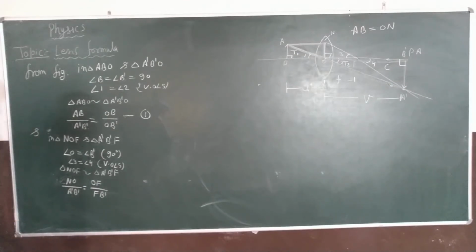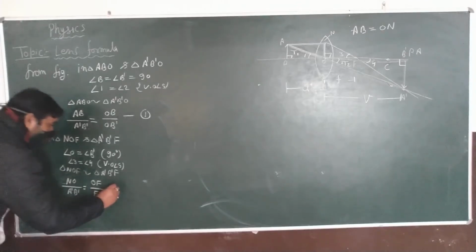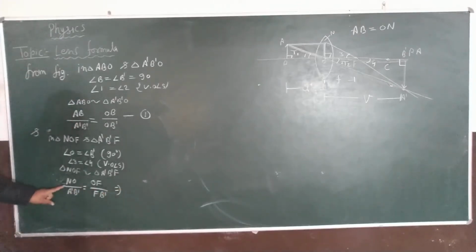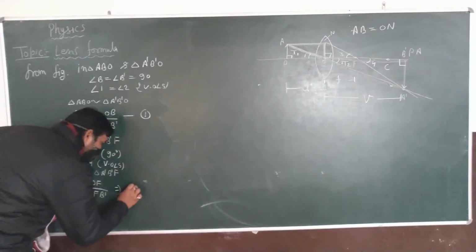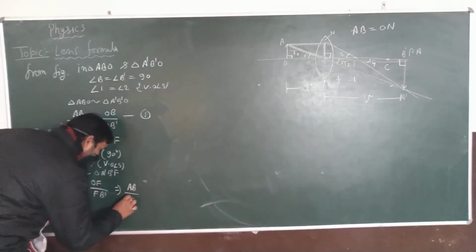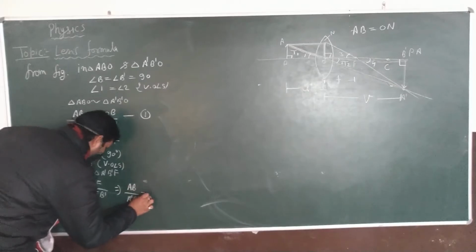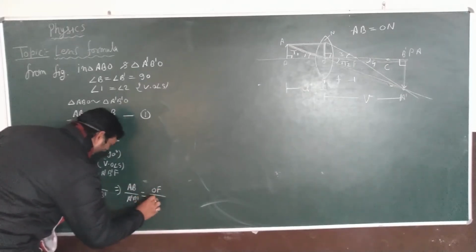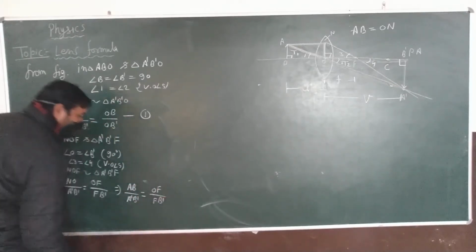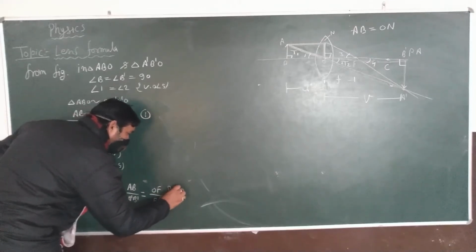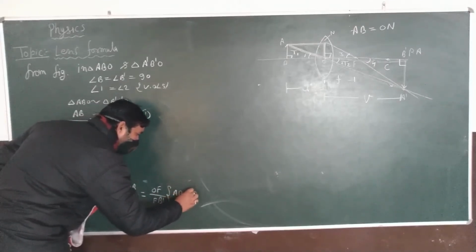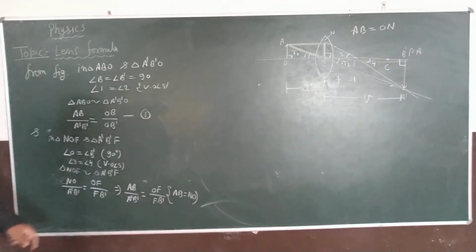Therefore we can also write AB upon A dash B dash is OF upon FB dash because we have AB equal to NO from here.